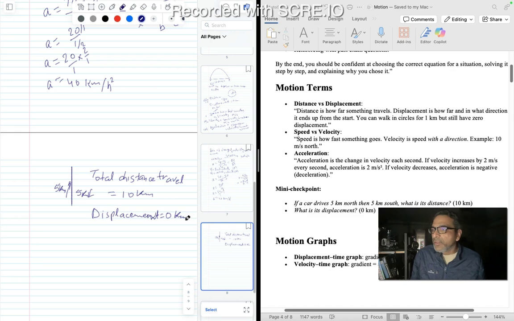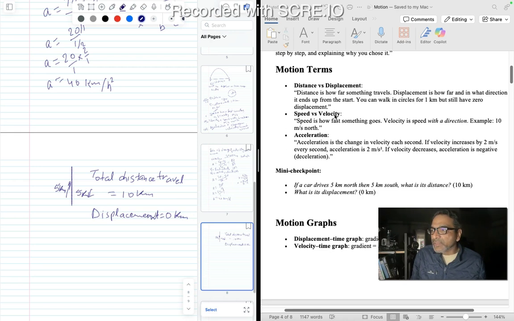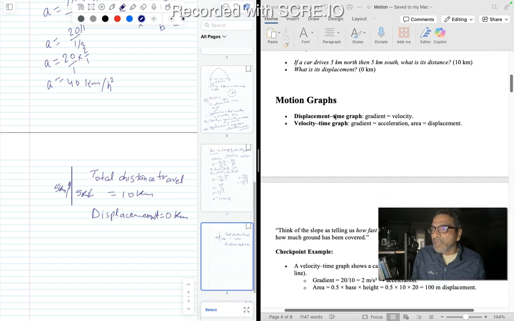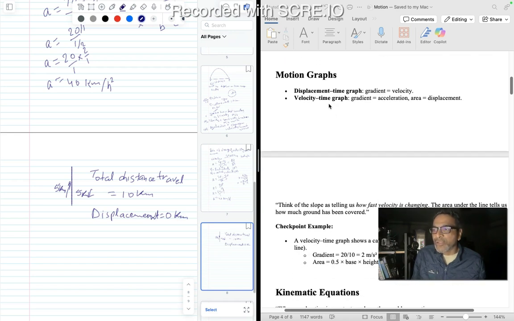Okay, cool. Now come to the next topic, which is less significant, but because it is there, we have to do this just for the sake of it, so that if a question arises, you are able to attempt it. Okay. So, motion graphs.